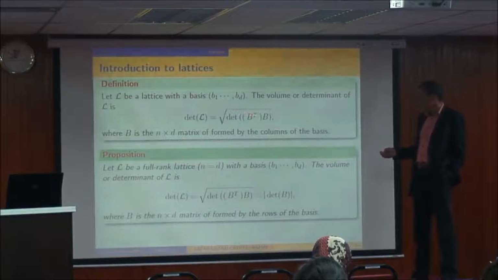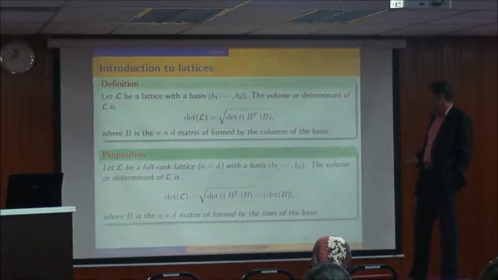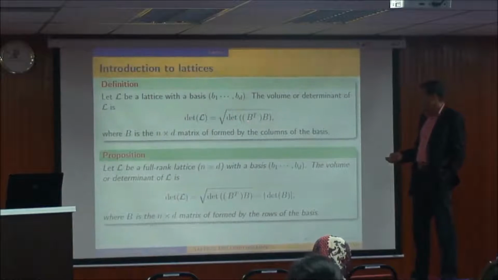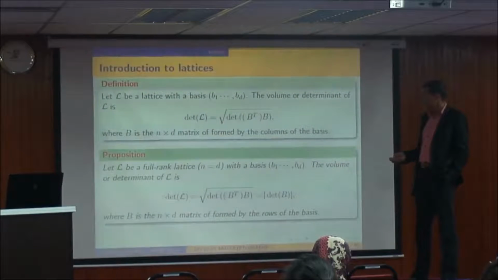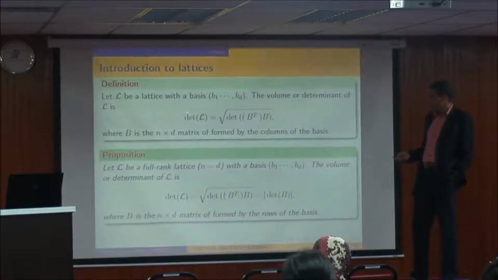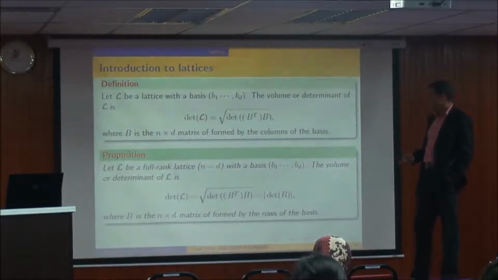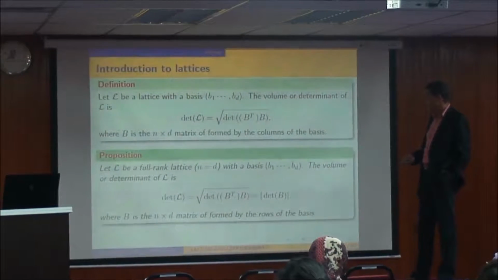So we can find that this product is a square matrix, and you can compute its determinant and then the square root, and this square root is called the determinant of the lattice, or the volume of the lattice.